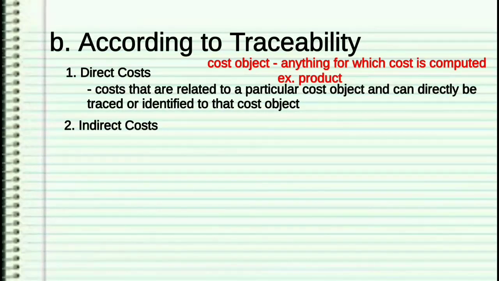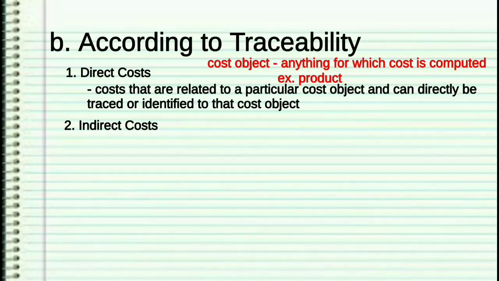Kasi kino-compute mo yung cost ng product. So here, the product is a very good example of a cost object. Meron pa tayong ibang examples ng cost object. Okay, we have product line, we have segment of an organization.